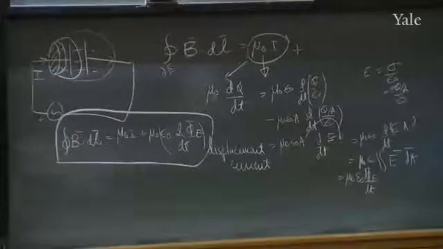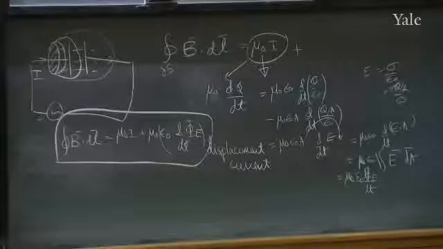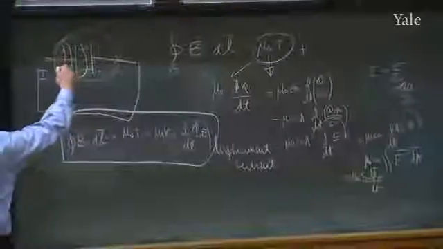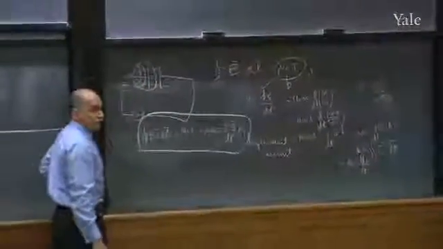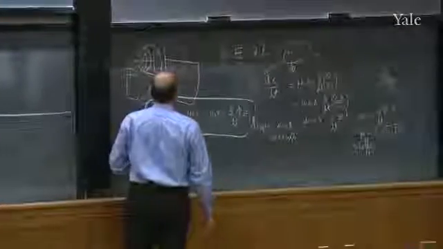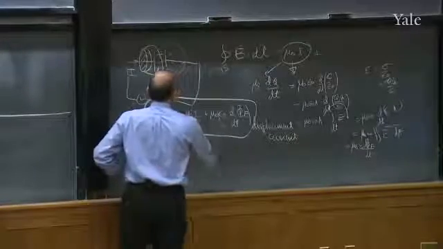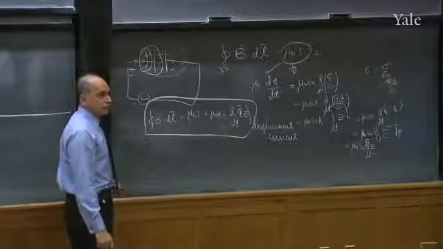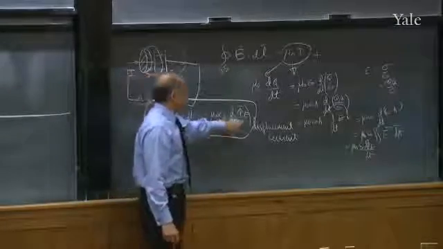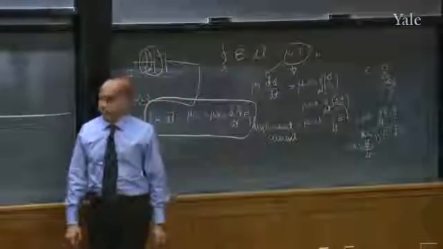But now look at this equation with that extra term. Notice it works everywhere. If you took a surface like the first one I took that slices through the wire here, there's no electric field anywhere inside a perfect conductor, so mu 0 I is going to contribute. If I go to the region between the plates, there is no I there, but there is the rate of change of electric flux.